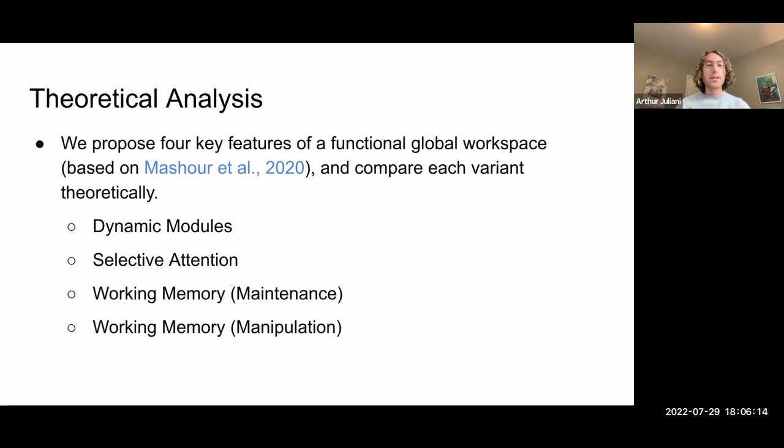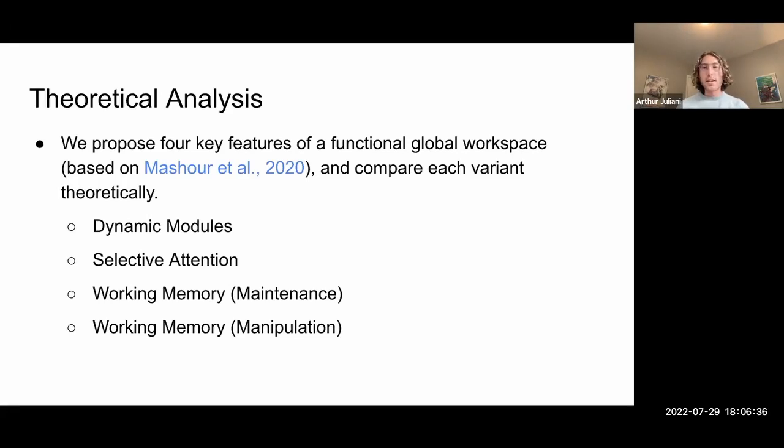Secondly, entry into the global workspace and exit of information from the global workspace is governed by some kind of attentional policy, whereby not everything presented to the global workspace makes it in, but only things that are able to trigger an ignition event and therefore win out in this competition.